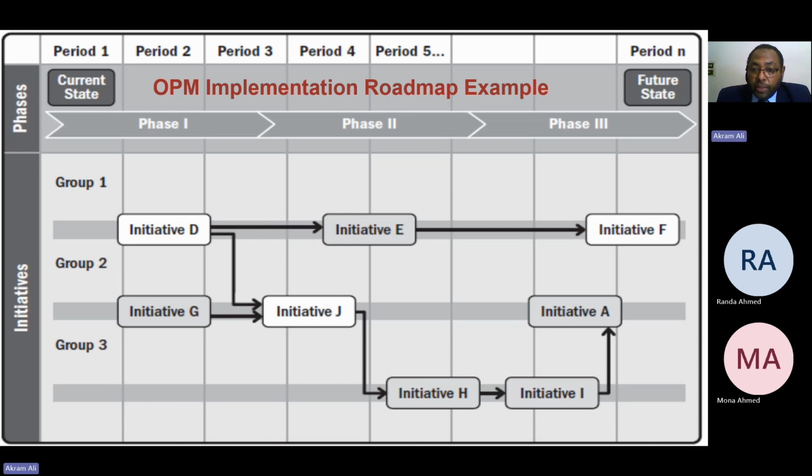Commit to implement the initiatives included in the roadmap. Forecast resources during the implementation of initiatives. Develop detailed implementation plans. The implementation roadmap is a chronological representation in graphical form of the selected initiatives, as well as a high-level view of key milestones and decision points.